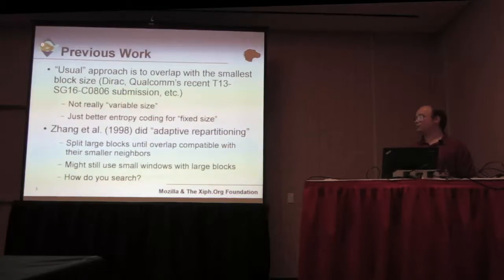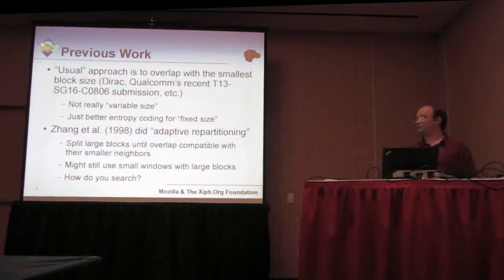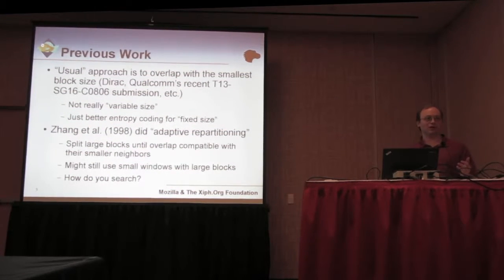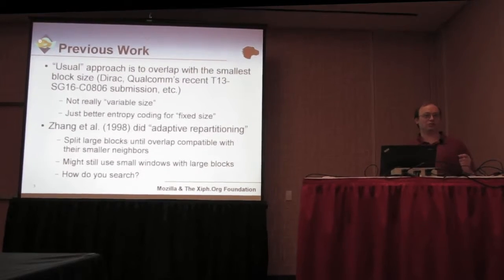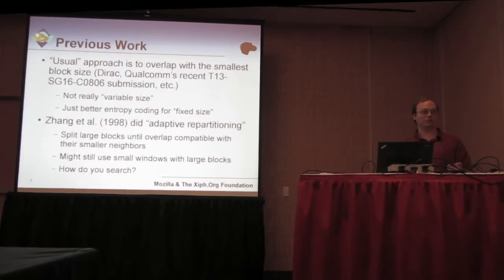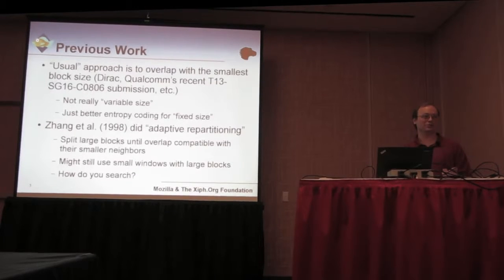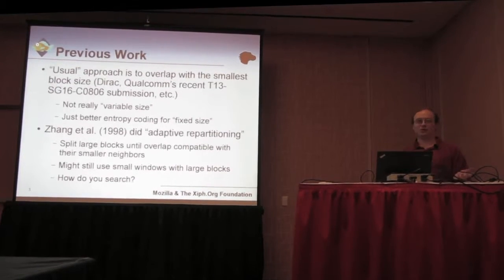So the usual approach for this is to just do all of your overlaps with the smallest block size. This would be equivalent to, if I had a 64 by 64 block, just pretending it's a bunch of little 4 by 4 blocks and only doing the 4 by 4 overlap with my neighbors, right? This was done by Dirac.